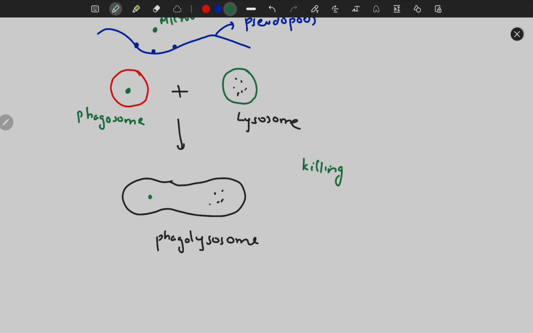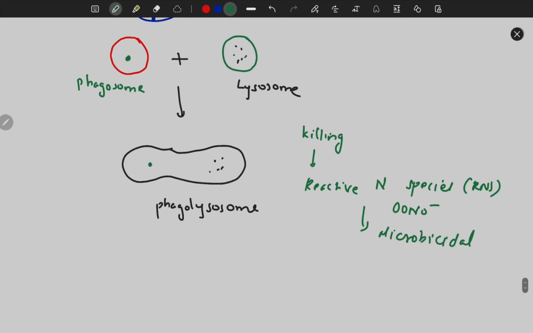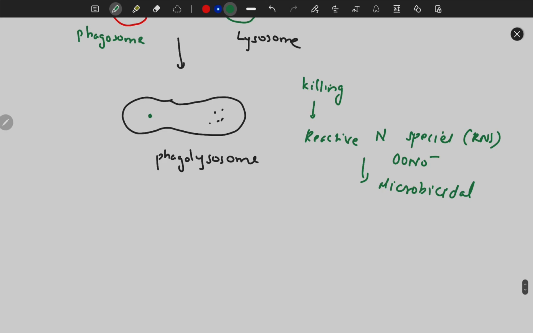The killing is by reactive nitrogen species. These reactive nitrogen species are microbicidal, that is, they will kill the microbes. The killing also takes place with the help of reactive oxygen species.